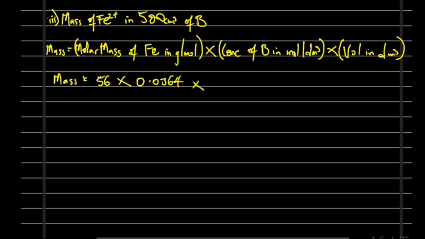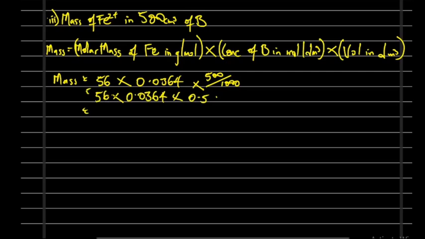Remember, we are looking for the volume in dm cube, but what we're given is centimeter cube, so we'll be looking at 500 divided by 1000. So 500 divided by 1000 is the same as 0.5. So let me just rewrite that here: 56 times 0.0364 times 0.5. So we have our mass.